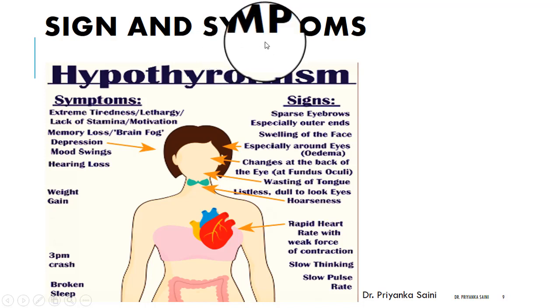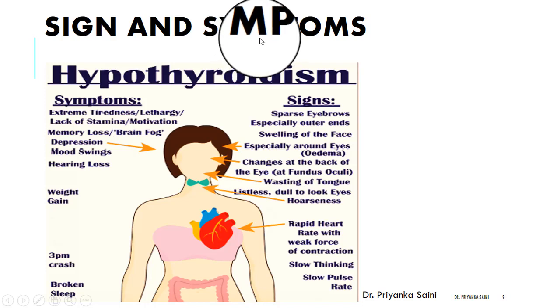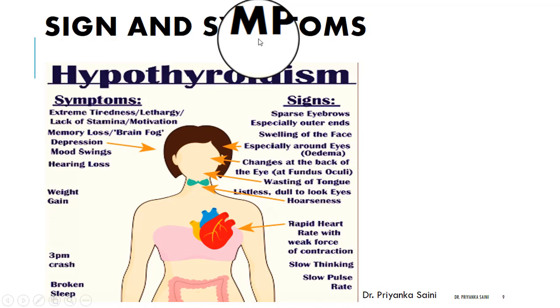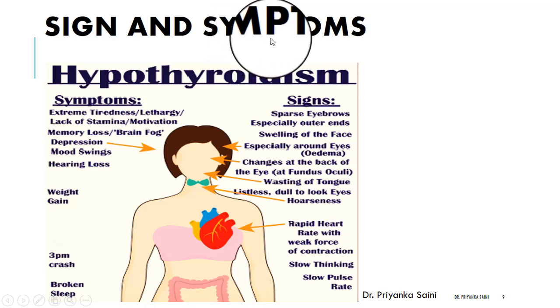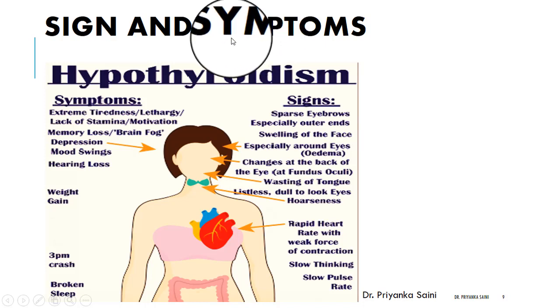Now the signs and symptoms of hypothyroidism in infants. First, yellowing of the skin and whites of the eyes, that is jaundice. In most cases, this occurs when a baby's liver can't metabolize a substance called bilirubin, which normally forms when the body recycles old and damaged red blood cells.